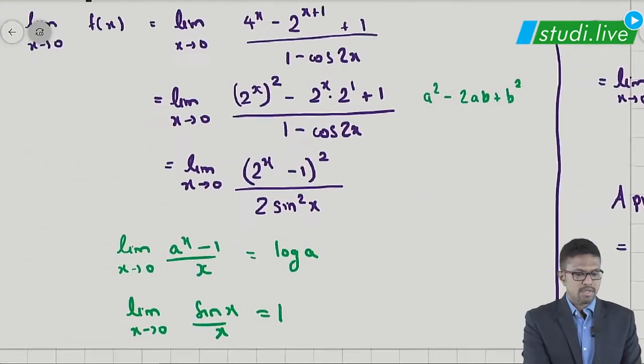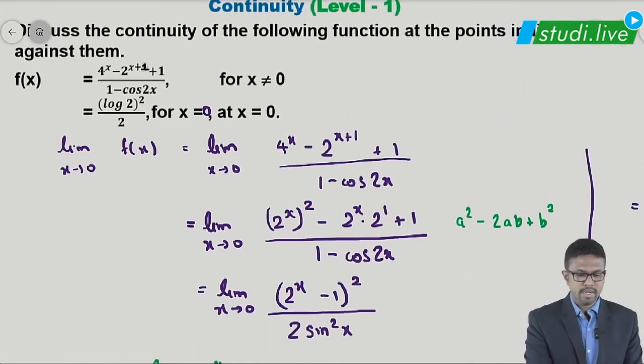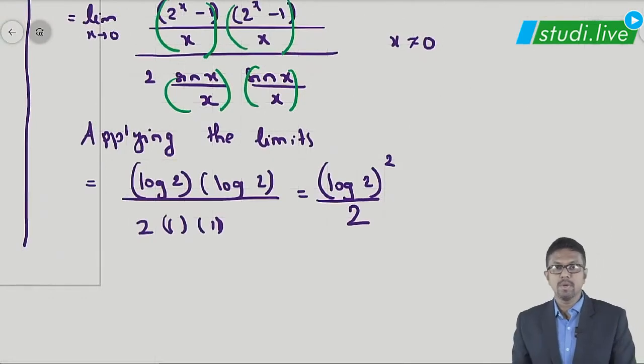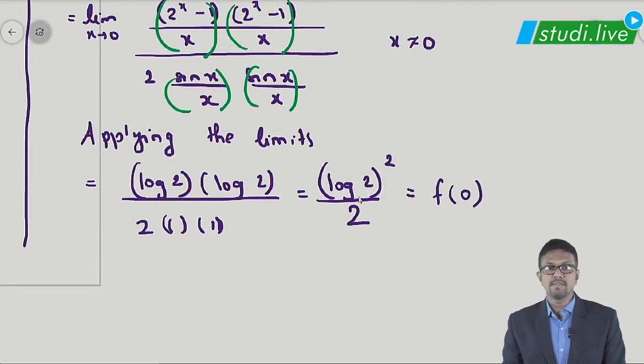What was the function value that was given to us in the question? See, that was also log 2 the whole square upon 2, correct? So this is equal to the function value f of 0, which is given in the question itself. So we can say that log 2 the whole square upon 2 is equal to f of 0.